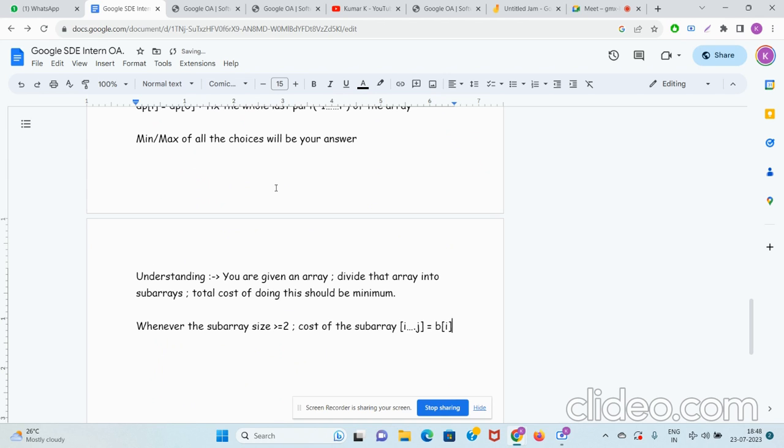It will be b of i plus b of i plus 1, the b array is given to us, till b of j.